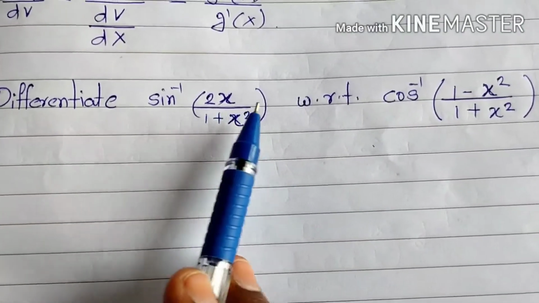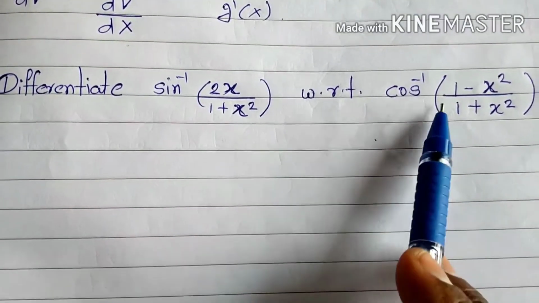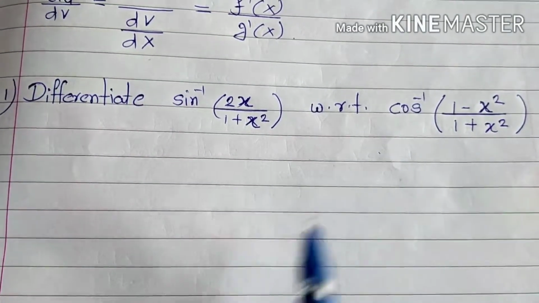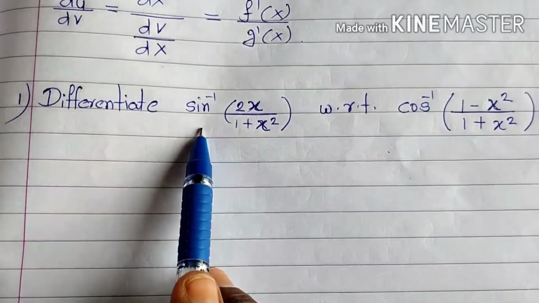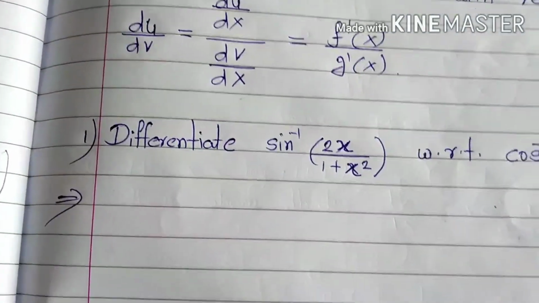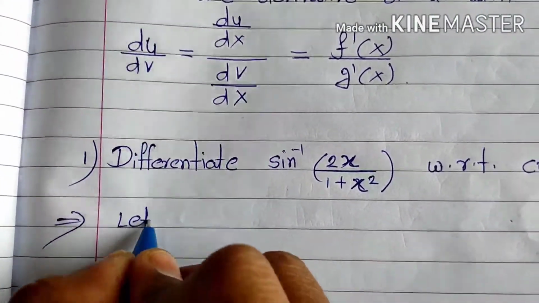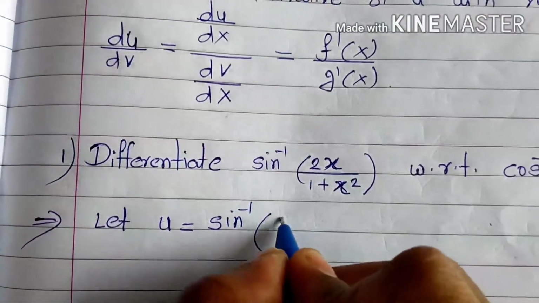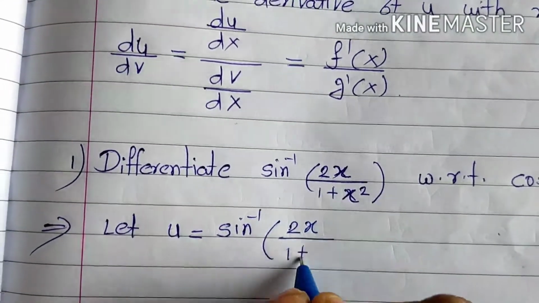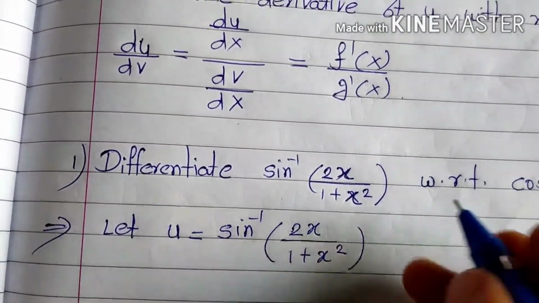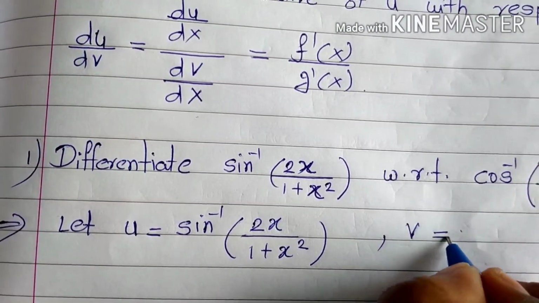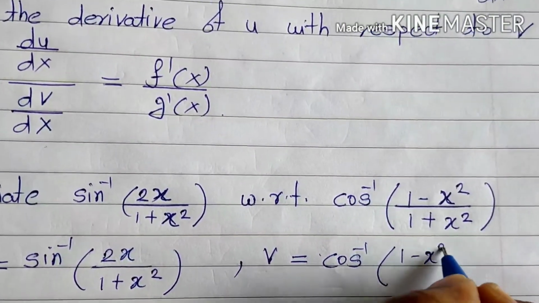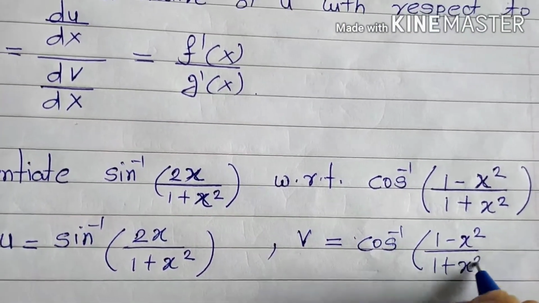Now there is an example on this. Differentiate sine inverse 2x upon 1 plus x square with respect to cos inverse 1 minus x square upon 1 plus x square. Now consider this is u and this is v. Let u is equal to sine inverse 2x upon 1 plus x square and v is equal to cos inverse 1 minus x square upon 1 plus x square.